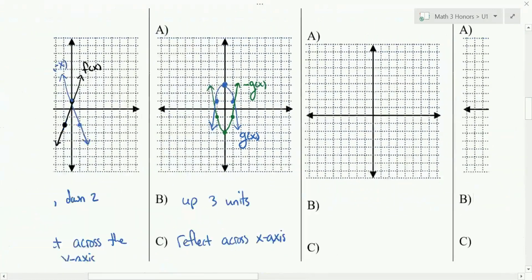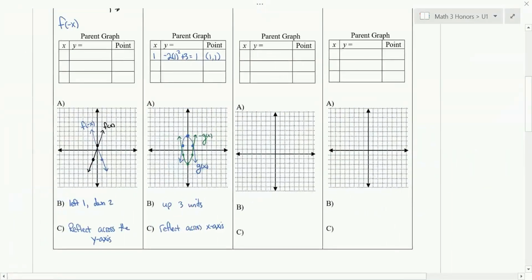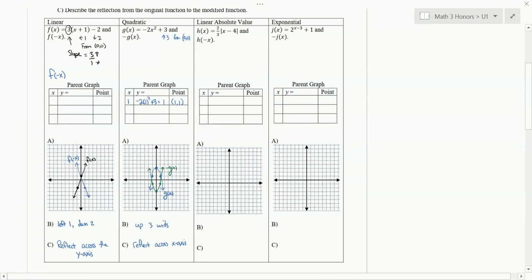Okay. So let's partner up again, 1s and 2s. And this linear absolute value, if you remember who's 1s, who's 2s? If not, you could reevaluate that.